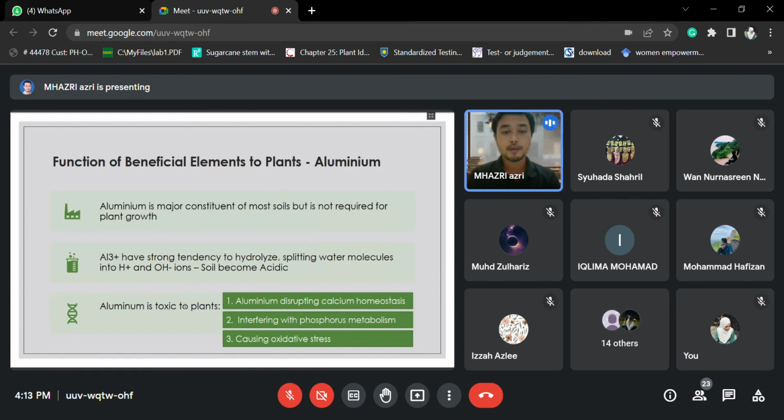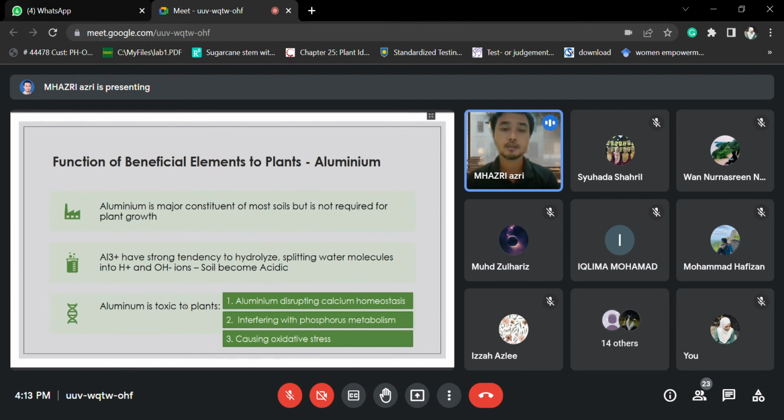Aluminium is a major constituent of most soil, but it is not required for plant growth. Aluminium ion 3+ has a strong tendency to hydrolyze and split the water molecules into hydrogen ions and also hydroxyl ions. This process will cause acidification of soil. Sebab apa?